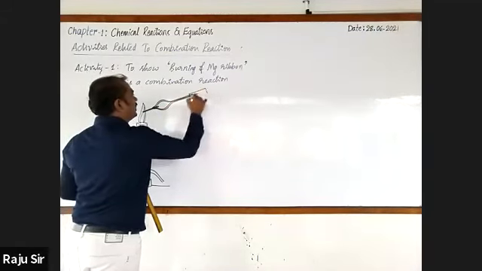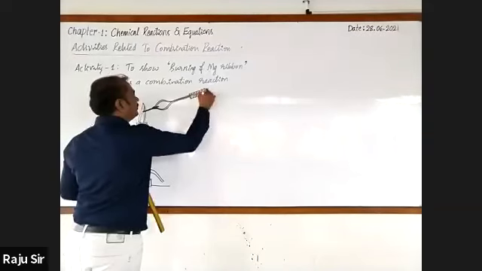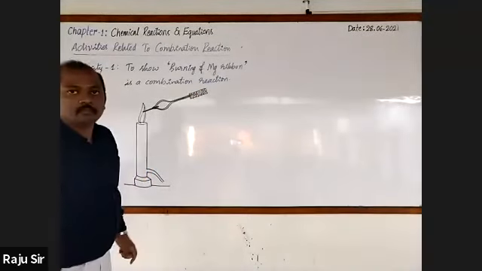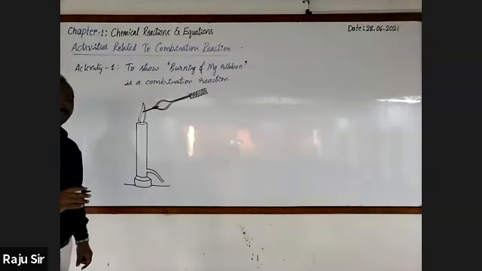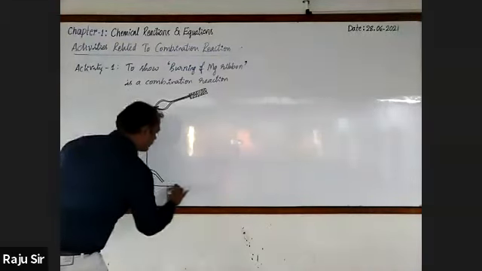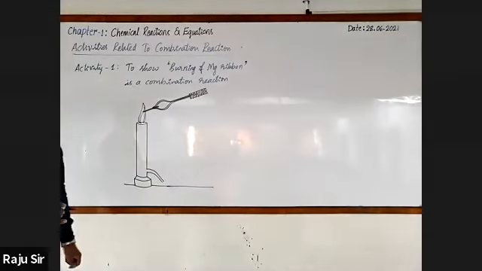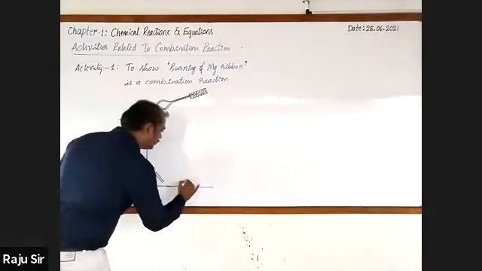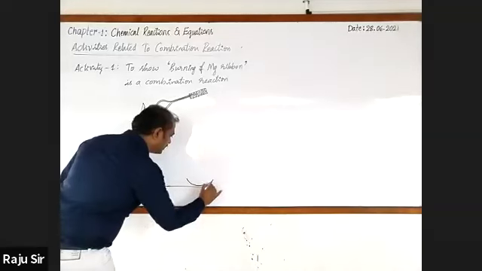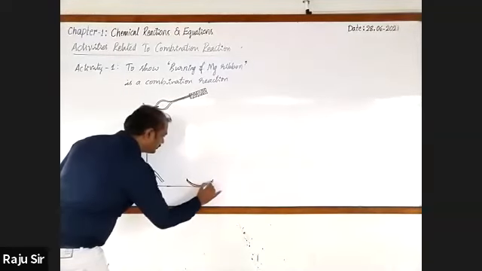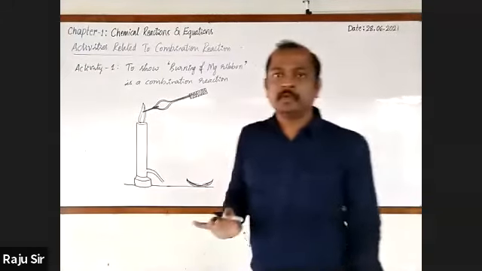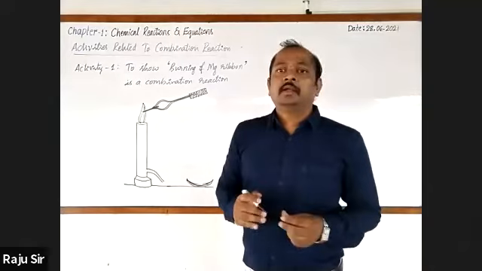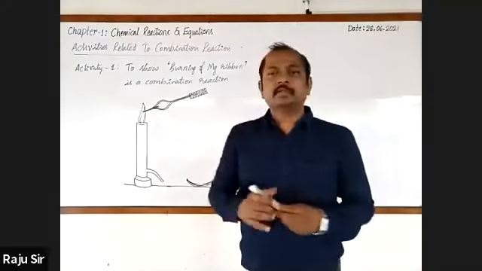And this is the handle. Alright. And here we'll go for drawing the watch glass. This is the watch glass. Hope that your drawing is over, right? The activity is so simple.